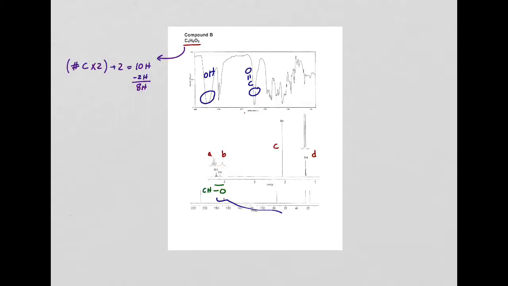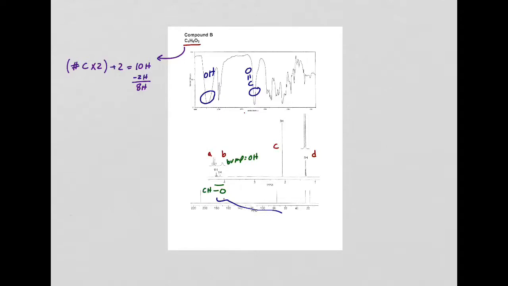Whoa, look at this. How would you describe this? How would you describe peak B? A bump? Yeah. So if you look at my lecture notes, when we talked about chemical shift for NMR, the first time we talked about it, I said, if you see a bump, what is that? That is usually OH or NH. And I know I have an OH. So the bump means that is my OH.